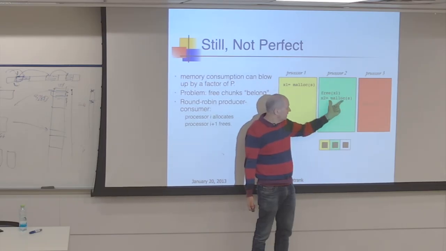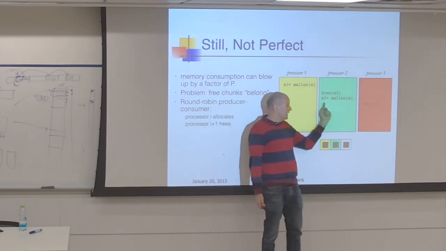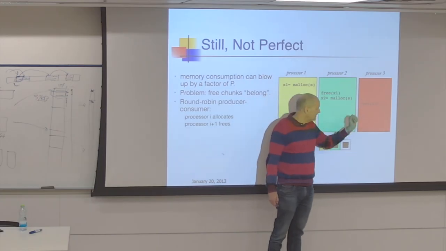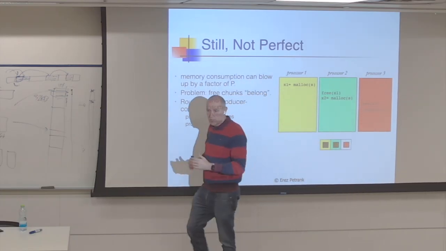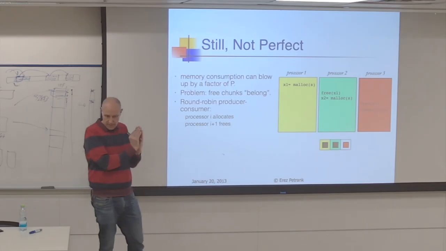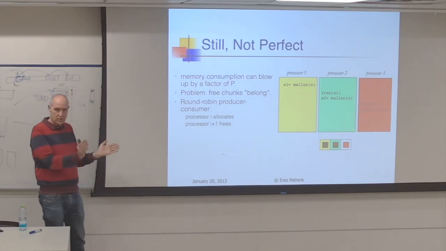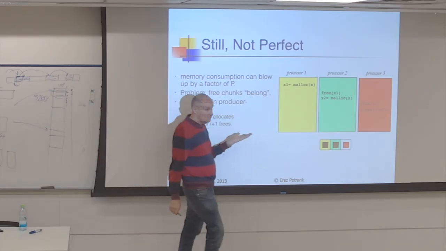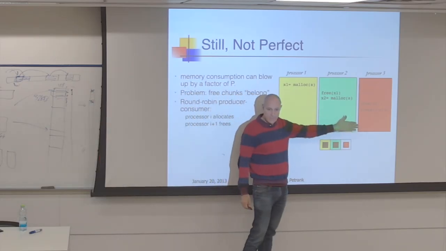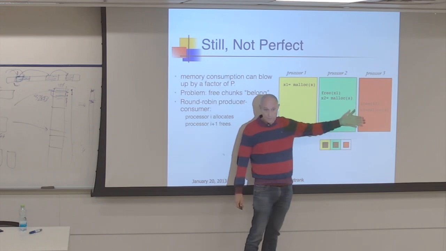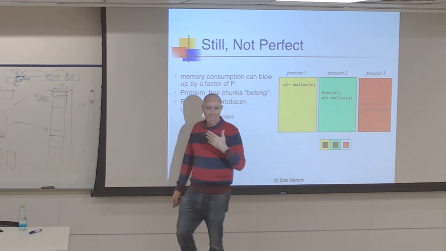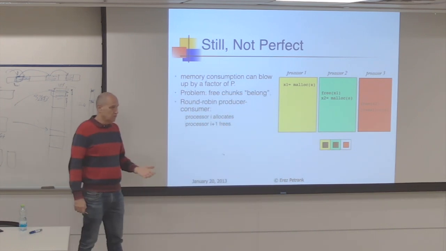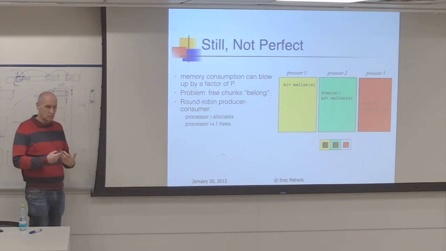And then this guy frees, it goes back to the green one, and then he needs to allocate some new space. So I could use a single cell here for all the allocations and the freeing, but if I use ownership, then I need three cells for this. And if I have n processors, I may get a factor of n blowup in usage from what I really need.